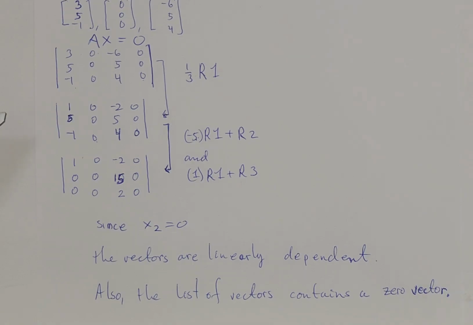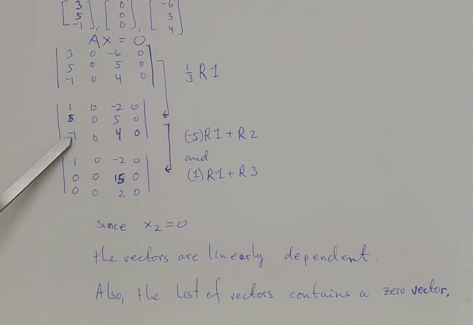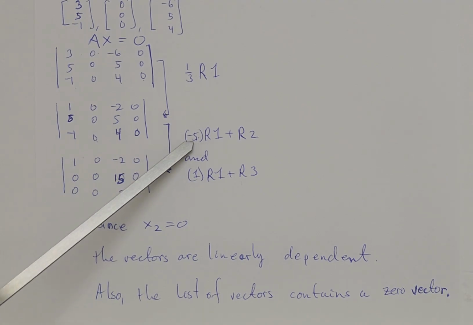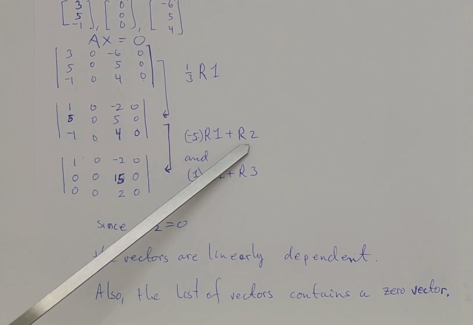Next, we want the 5. As you can see here, we need the 5 and the -1 to become 0, 0. So this 5 and this -1 need to be 0. The opposite of 5 is -5, and the opposite of -1 is +1. So -5 times R1 plus R2.